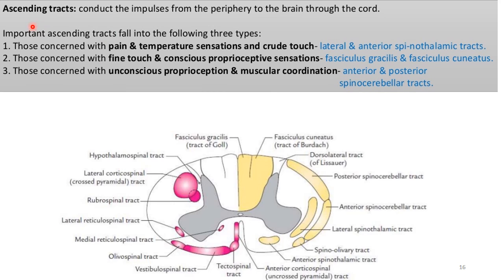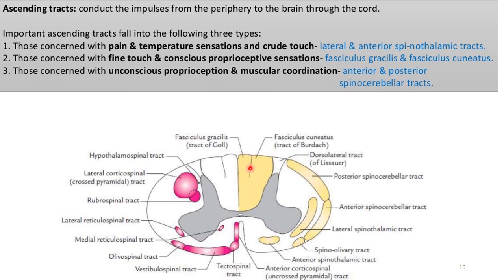Anyhow, the ascending tracts' main modalities: pain, temperature and crude touch are mediated by the lateral and anterior spinothalamic tracts. This is the lateral spinothalamic tract and this is the anterior spinothalamic tract, and both together are known as the antero-lateral spinothalamic tract.